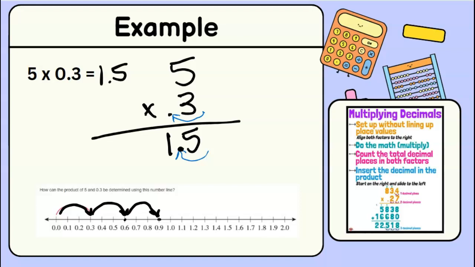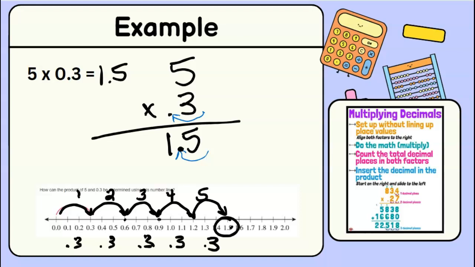Jump again, 1, 2, 3. And then 1, 2, 3. I have jumped 5 times. Remember, multiplication is just repeated addition. So essentially, I'm adding 0.3 plus 0.3 plus 0.3 plus 0.3 plus 0.3, and that's going to get me to 1.5.